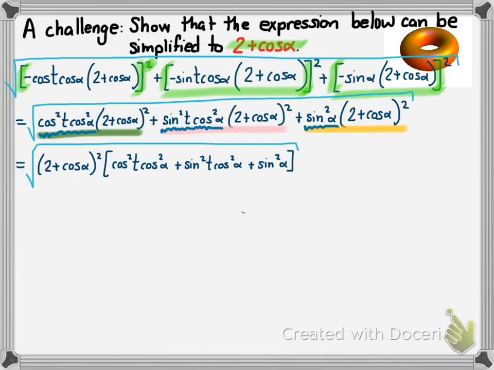Okay, so now I look at what I have in here, and I have this 2 plus cosine of alpha squared times stuff.